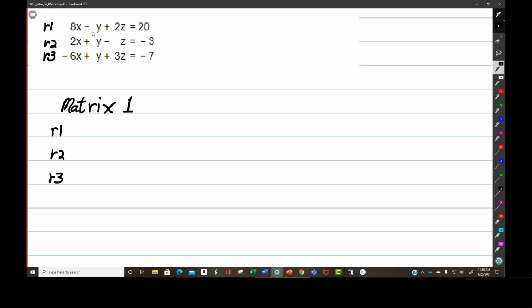And it has 4 columns, which is why this is called a 3x4 system. The X column, the Y column, the Z column, and the number constant. These numbers are called constants because they're not with a variable. So this is the X column, the Y column, the Z column, and the constant column.